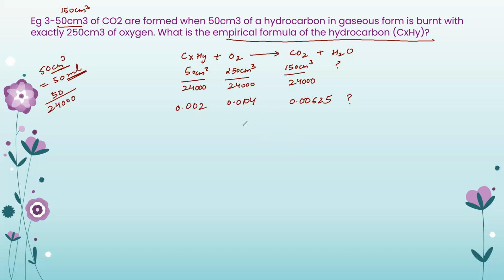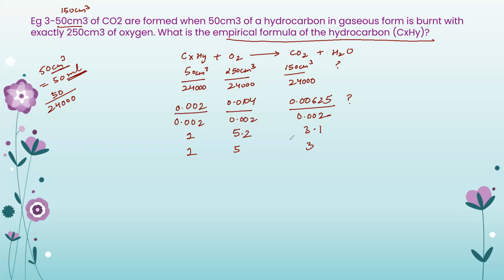I told you to take the simplest ratio now. So let us take the simplest ratio, dividing by the smallest number, 0.002. So it will come out to be 1, 5.2 and 3.1. Take the simplest one: 1, 5 and 3. Correct?